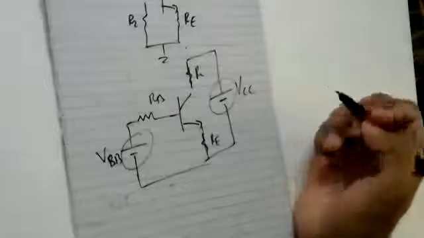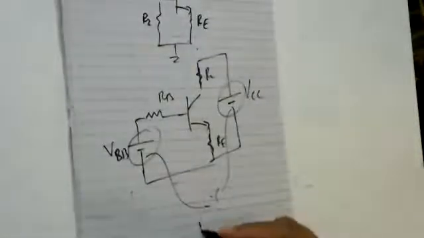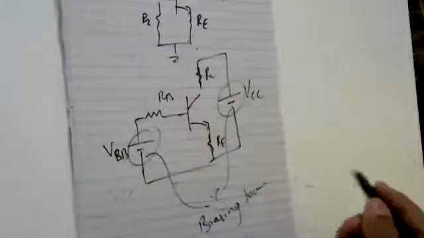These two sources I'm using in my circuit are called biasing sources.